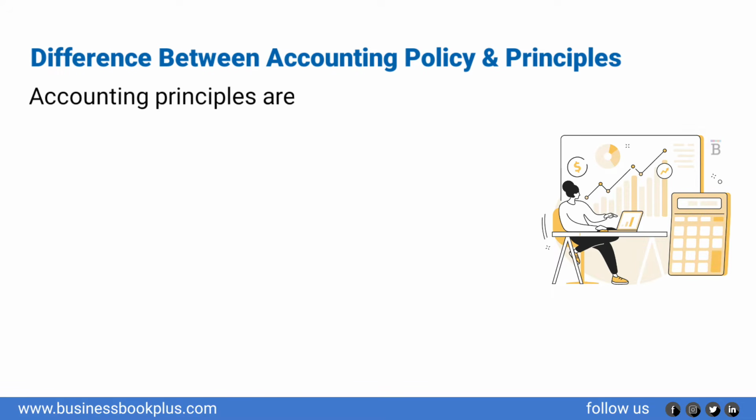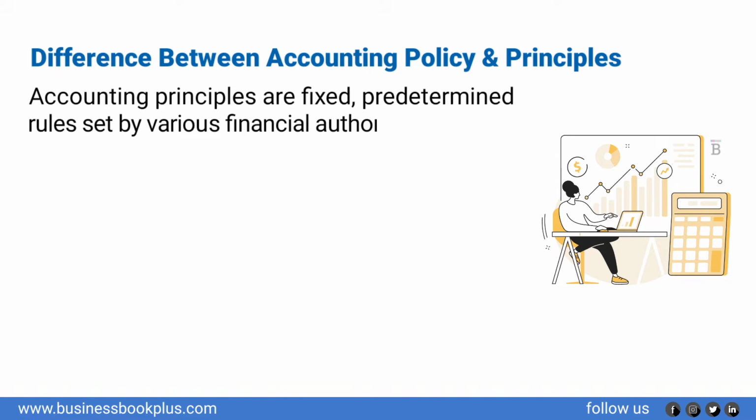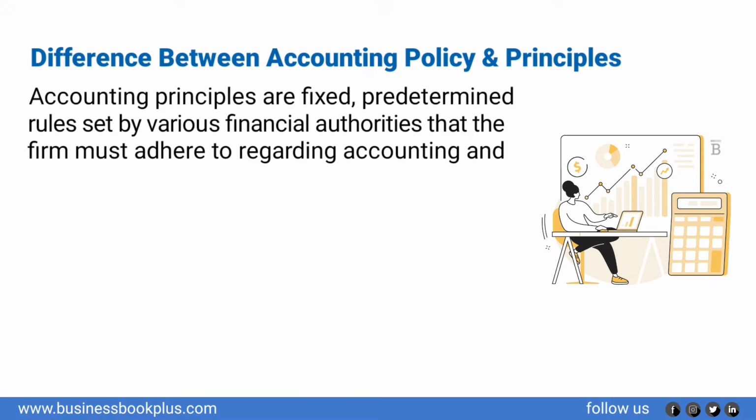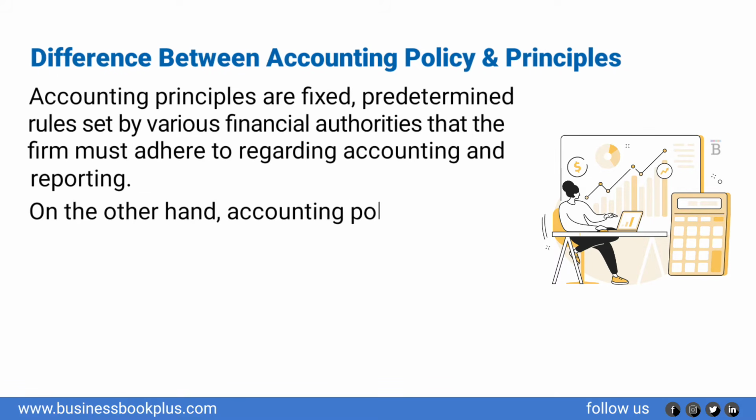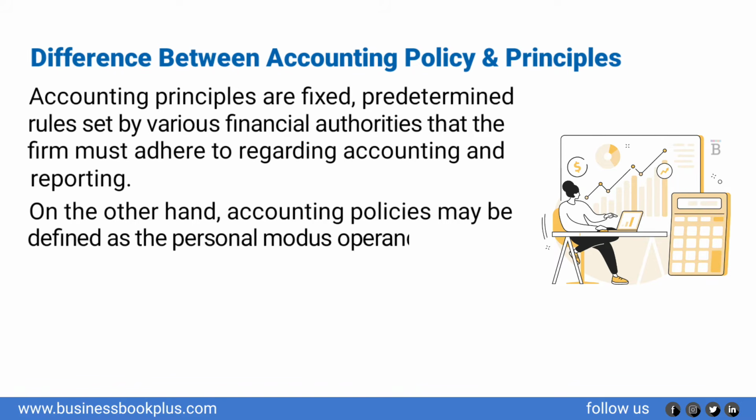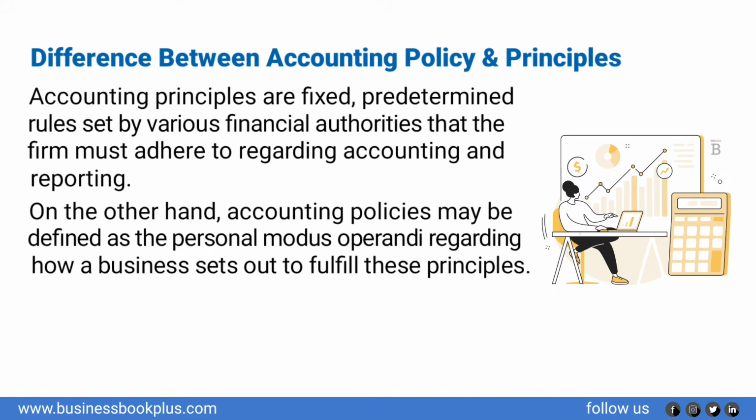Accounting principles are fixed, predetermined rules set by financial authorities that a firm must adhere to regarding accounting and reporting. On the other hand, accounting policies may be defined as the personal modus operandi regarding how a business sets out to fulfill these principles.